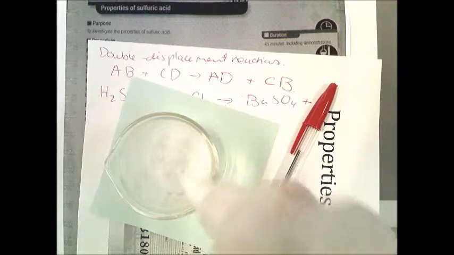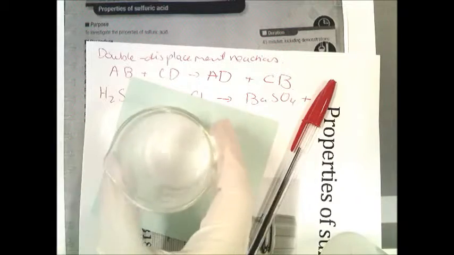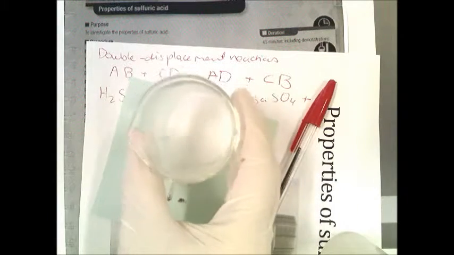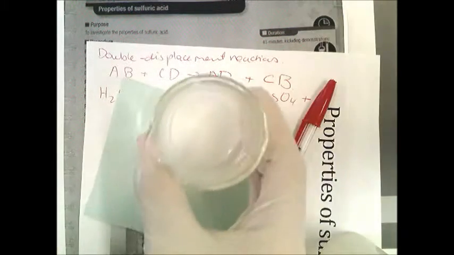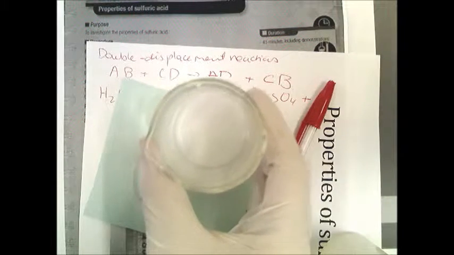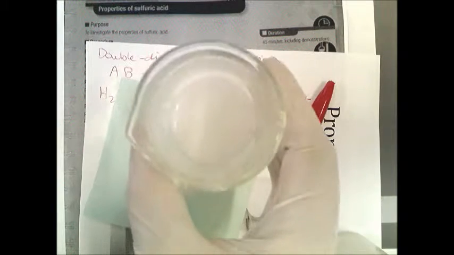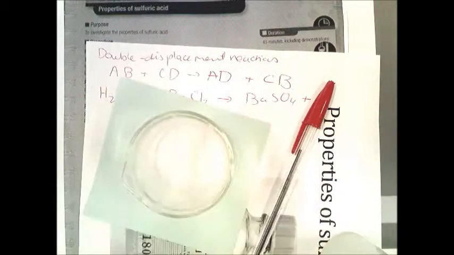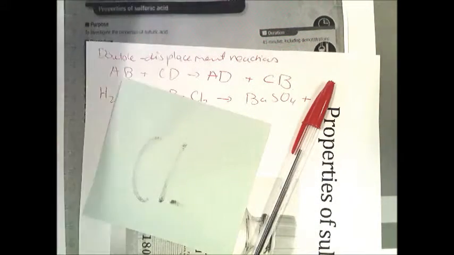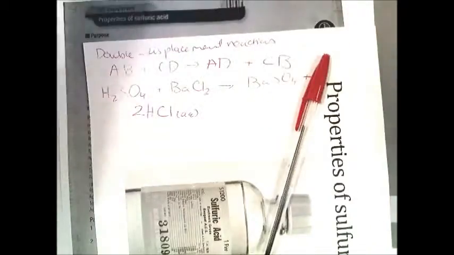And here you can see the formation of a nice cloudy precipitate. Hopefully you can see that. You can't really see the green behind it. Okay, so the cloudy precipitate we know is not HCl, so it must be barium sulfate.